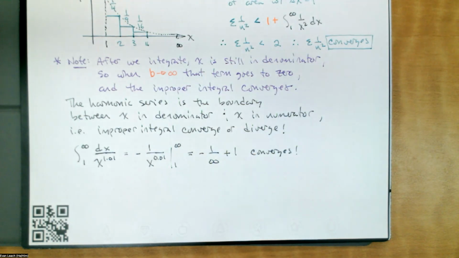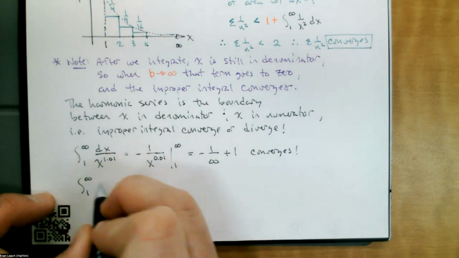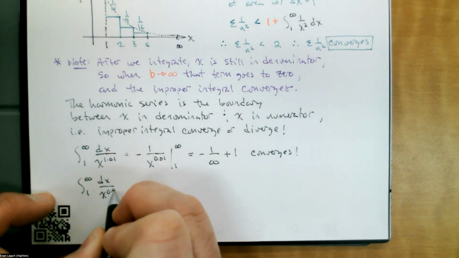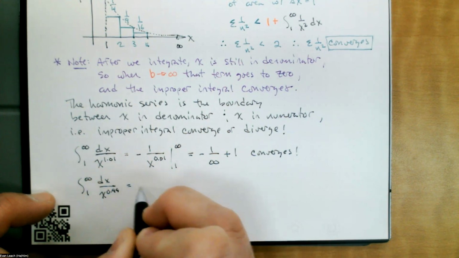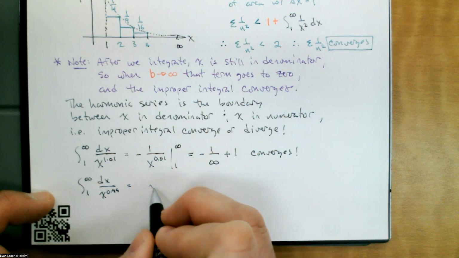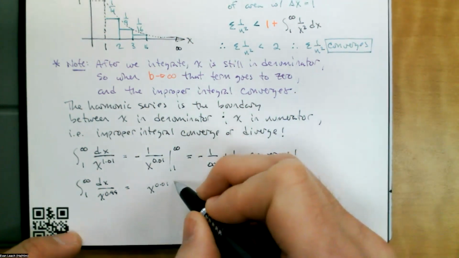But if that exponent is 1 over x to the something slightly less than 1, then when we add 1 to the exponent through integration, that x pops up into the numerator, and then everything goes to infinity. So if I have the integral from 1 to infinity of dx over x to the 0.99, when we add 1 to the exponent, x is in the numerator.